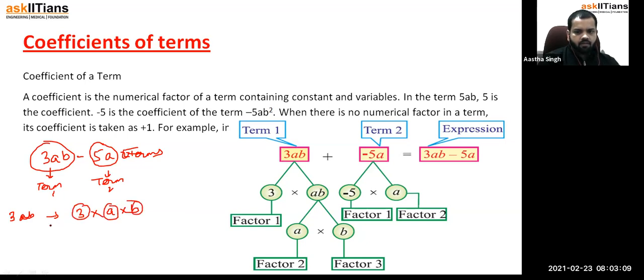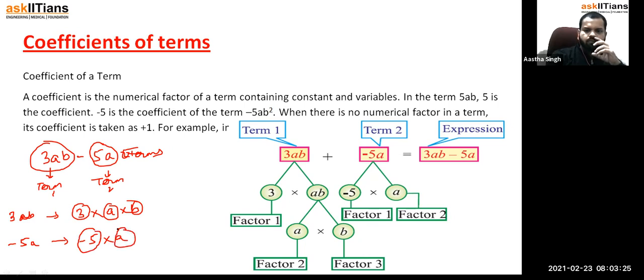In case of minus 5a, your second term, this is basically minus 5 into a, right? Two factors are there. I think you have all got the point what is the coefficient of a term.